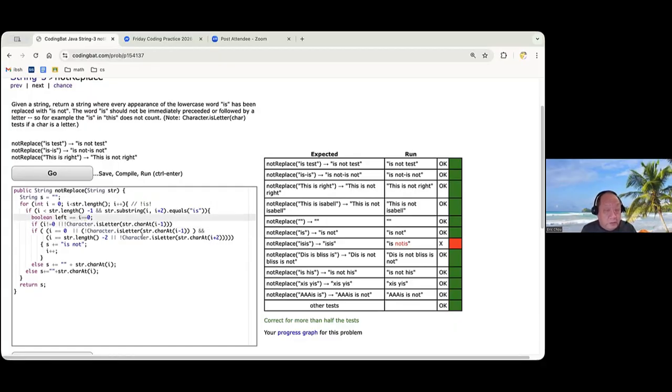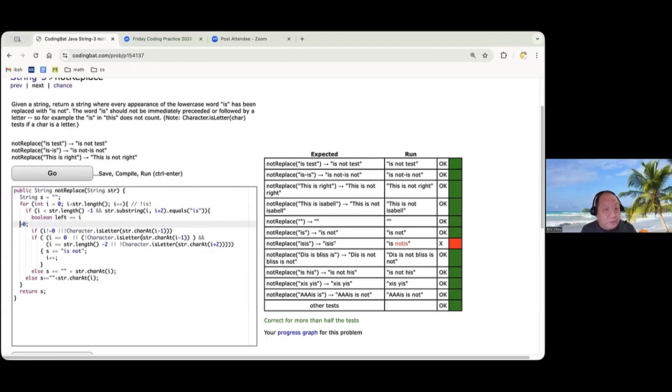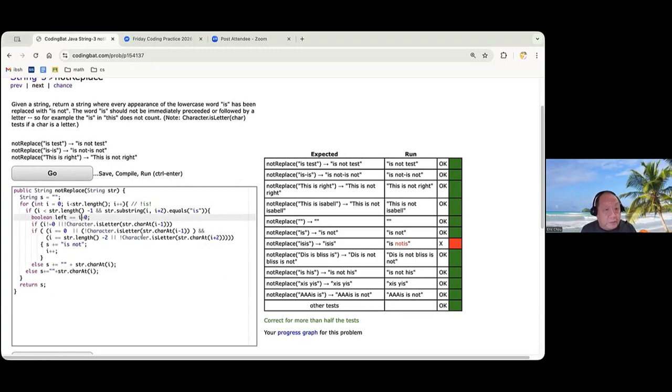Okay, here let's do it. Let's do the left side is not a letter.